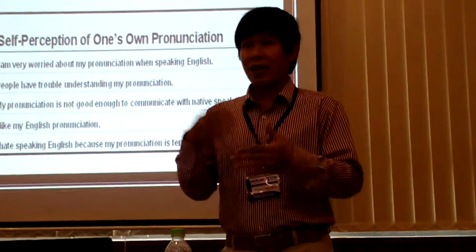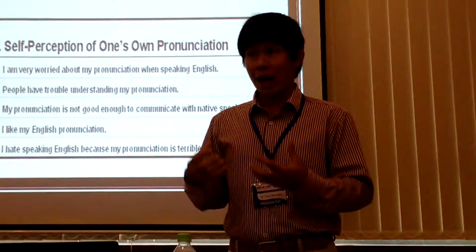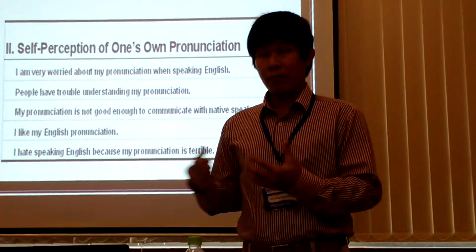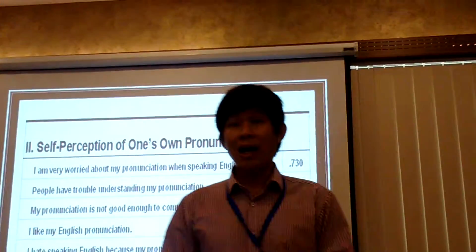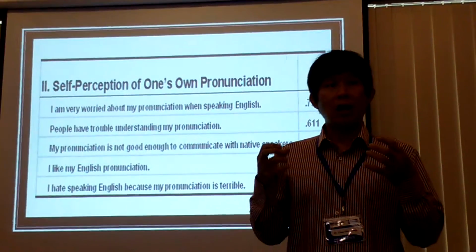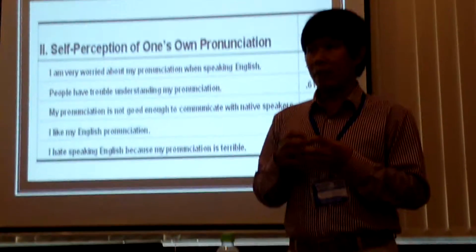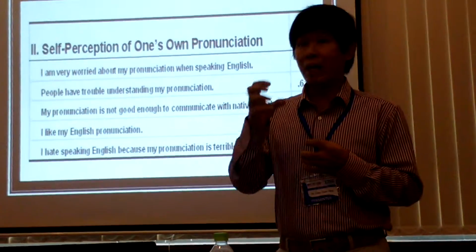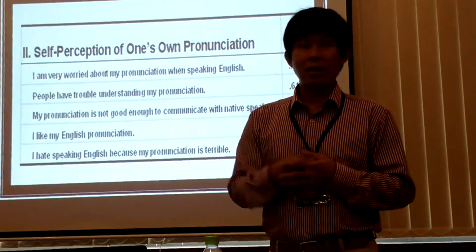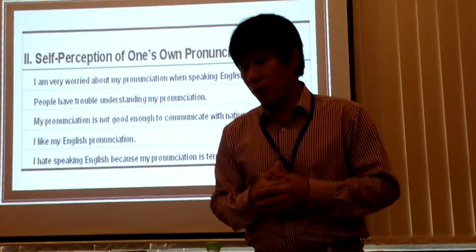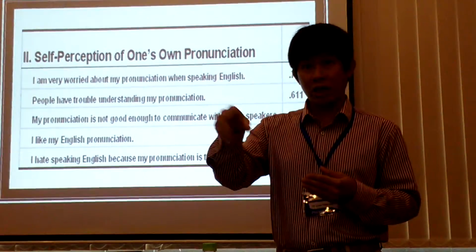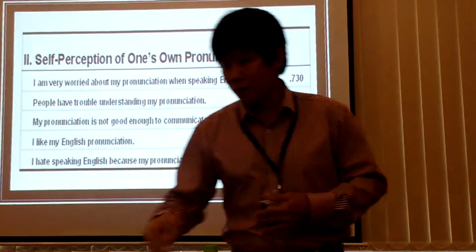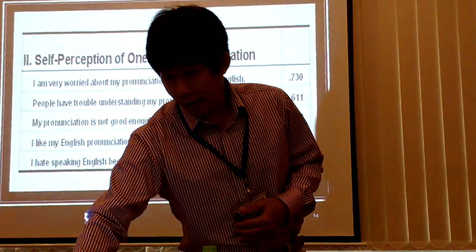It means these statements ask about their own perceptions of their pronunciation. And the numbers you see on the right of the table show the correlation coefficients. It means the strong or weak relationship between the statements, and they all show rather strong or positive relationships among the sentences. Okay.